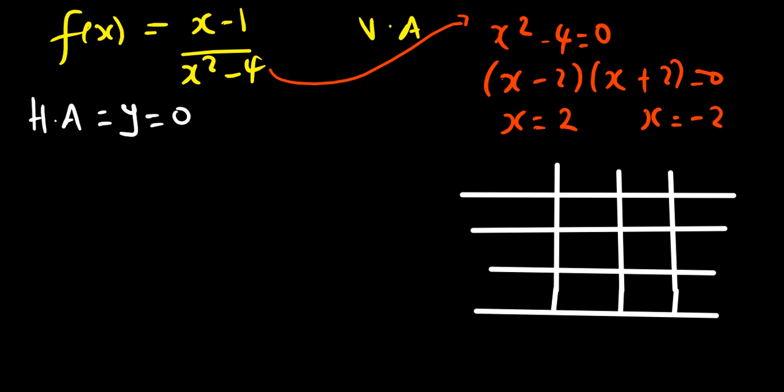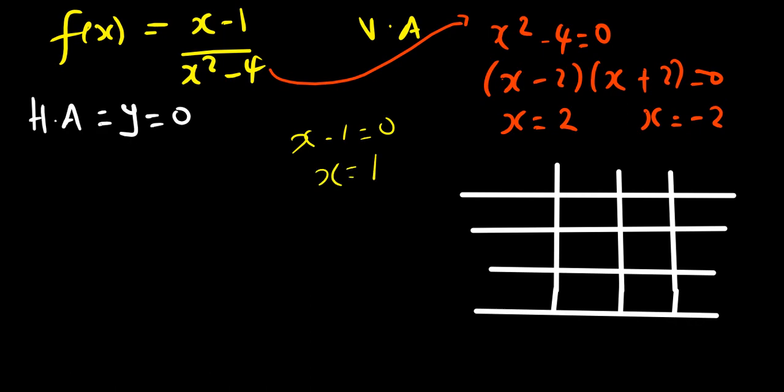Now for our equations, because we're drawing the diagram, we're also going to draw for x minus 1. So let's equate that one also to 0. So x minus 1 will be equals to 0, so x will be equals to positive 1.